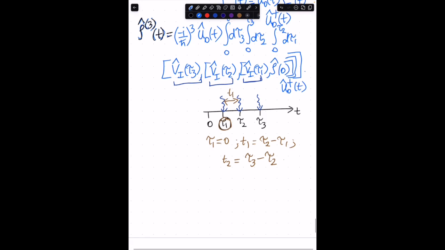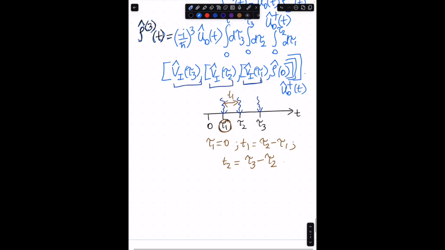I could set tau 1 to 0, and d tau 1 will be minus dt1 and d tau 2 will be minus dt2. And then you have time t.